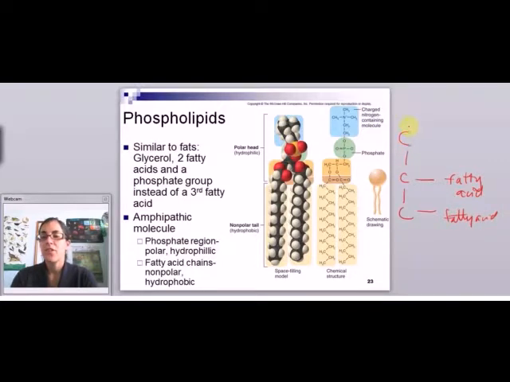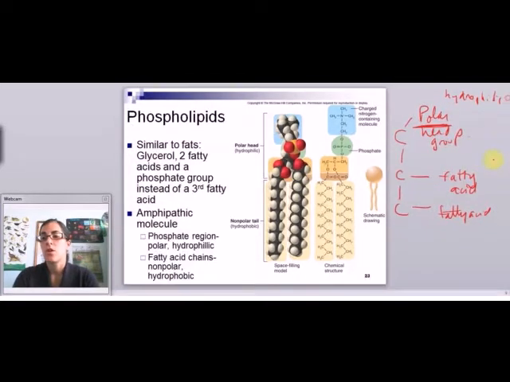But instead of a 3rd fatty acid, they have a variable chemical region on the other carbon that is polar. So it's called the polar head group, and the key thing is that it's hydrophilic because it's polar, whereas this part of the molecule is hydrophobic.